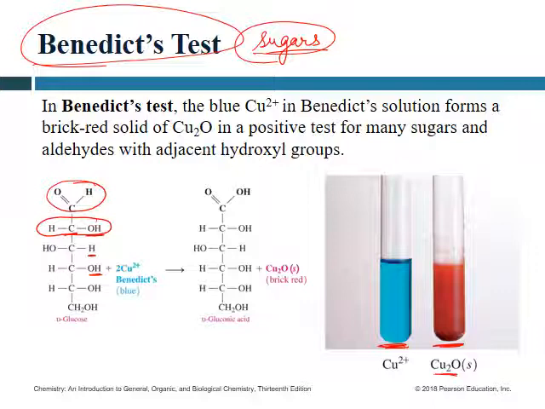Okay, so the questions could simply be asked as an aldehyde or a ketone would be given to you, and the question would be, would this give a positive result for Benedict test or a positive result for Tollens test?